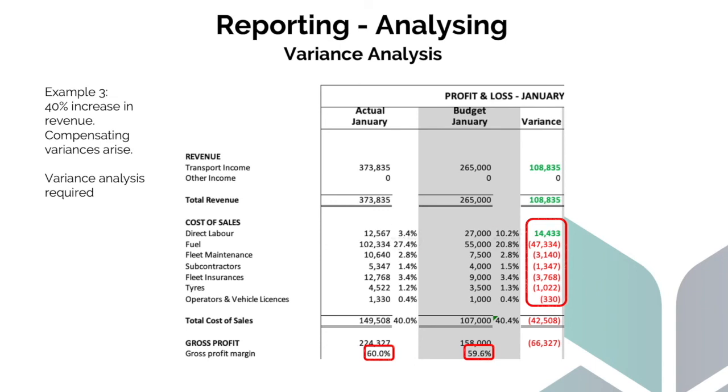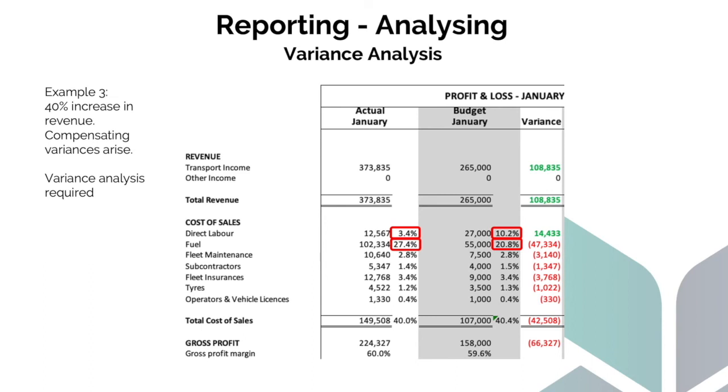However, look at these variances here. 10.2% we budgeted for direct labour. We're actually achieving 3.4%, which is amazing if it's true. But then look at fuel. We expected 20.8%. It's shot to 27.4% of sales. So again, could be a big deal, because the risk is that next month, we don't know why direct labour is so low this month.